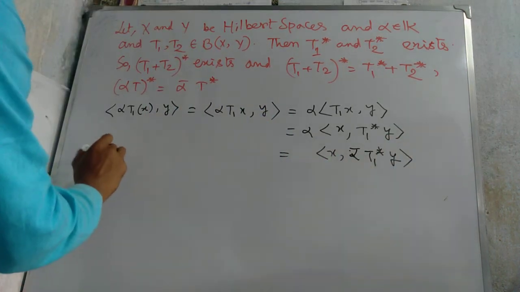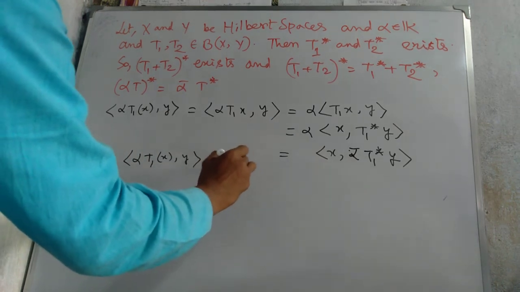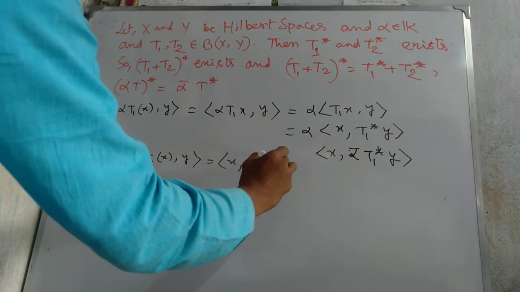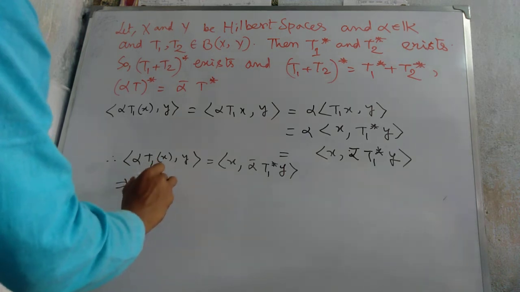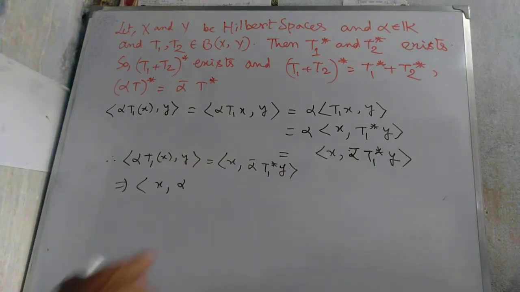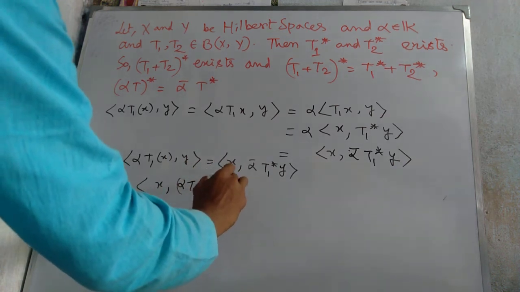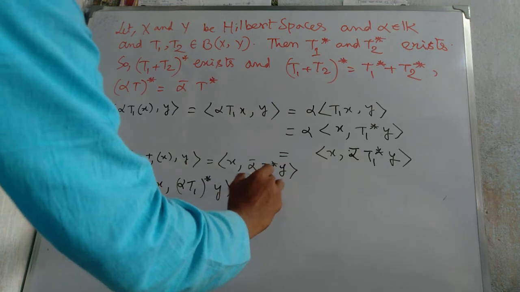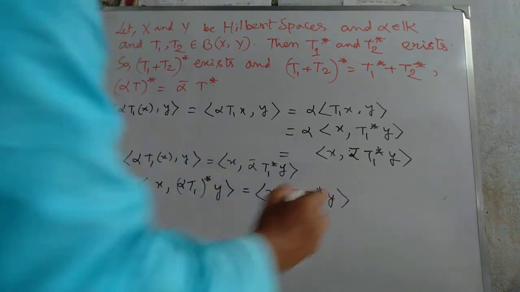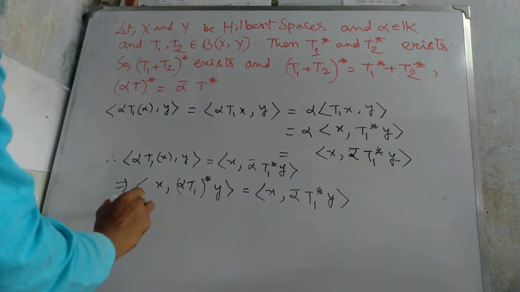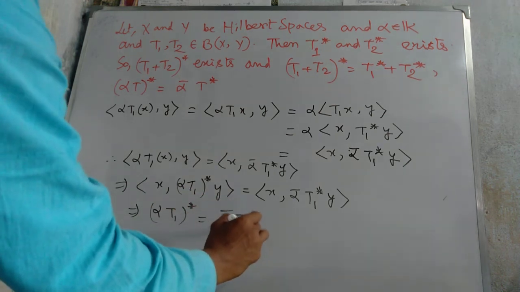So we get (alpha T1) x, y equal to x, alpha conjugate T1 adjoint y. This implies x, (alpha T1) adjoint y equals x, alpha conjugate T1 adjoint y. So this implies that (alpha T1) adjoint equals alpha conjugate T1 adjoint.